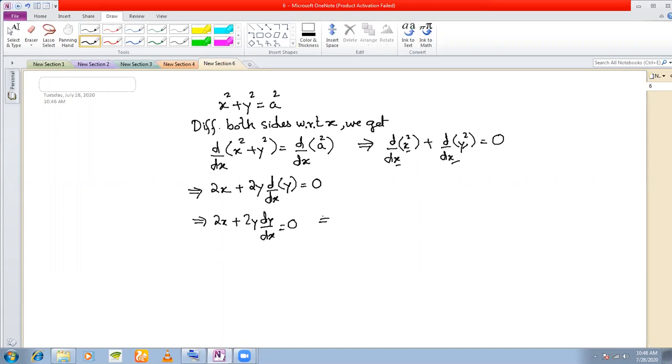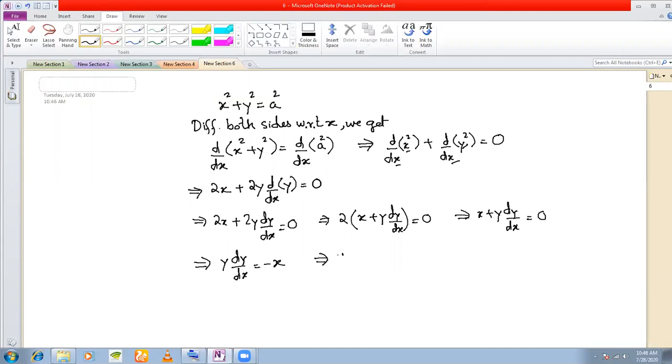You can take 2 common: 2 times x plus y dy dx equal to 0. That means x plus y dy dx is equal to 0. That means y dy dx is equal to minus x.